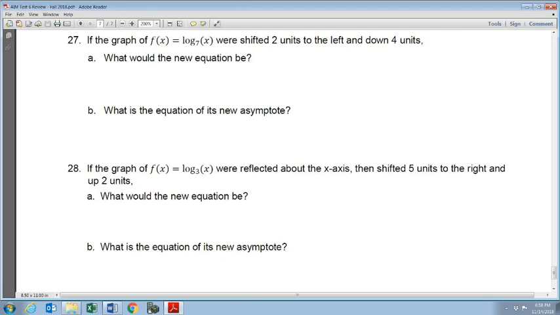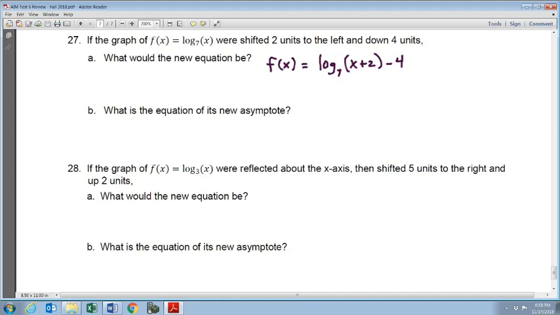So here we have the log base 7 of x. And it needs to be shifted 2 to the left and down 4 units. So let me go ahead and get this set up. So since we're going left 2, that's going to be plus 2. That would cause a horizontal shift left 2. And then down 4, that'll be a minus 4.